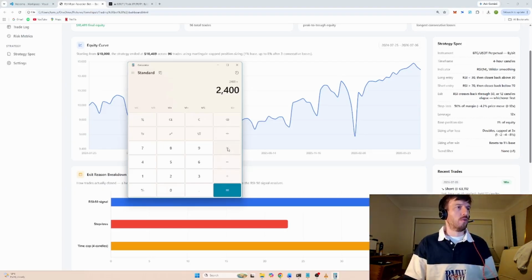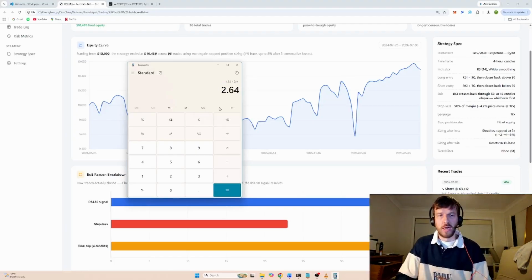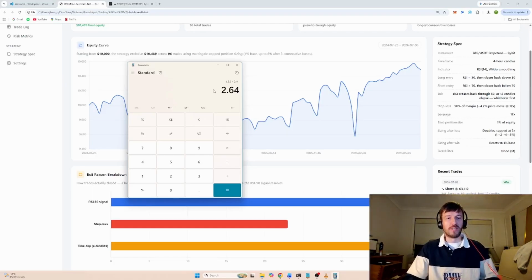So it would be 0.055% of 2,400, which is about $1.32. This is the amount that we'd be paying to open the trade, and then again to close the trade. So we're looking at $2.64 on every single trade, whether we win or lose.